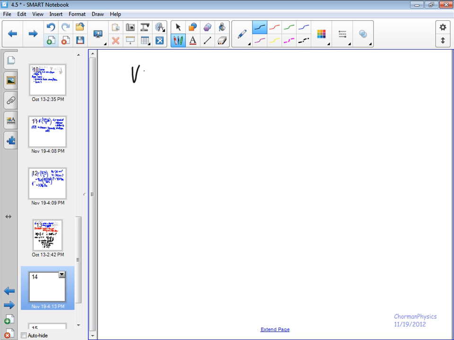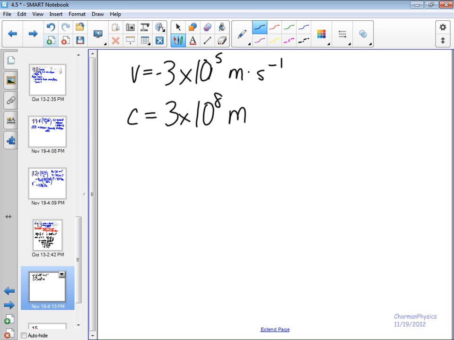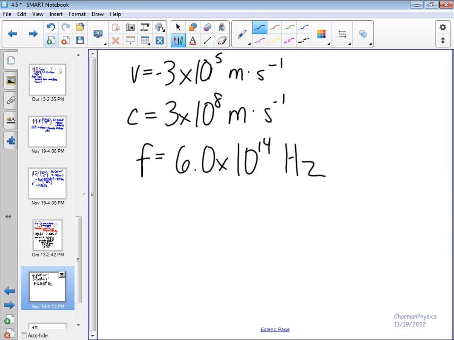And so the example there: v, the speed of the star relative to the Earth, it's moving away. So since it's moving away, it's going to be negative here, and it's going to be 3 times 10 to the 5 meters per second. c is here, and the original frequency is 6 times 10 to the 14 hertz.